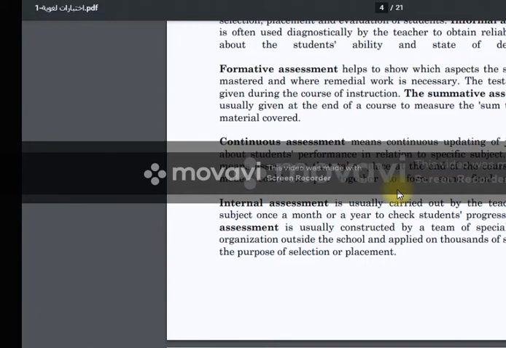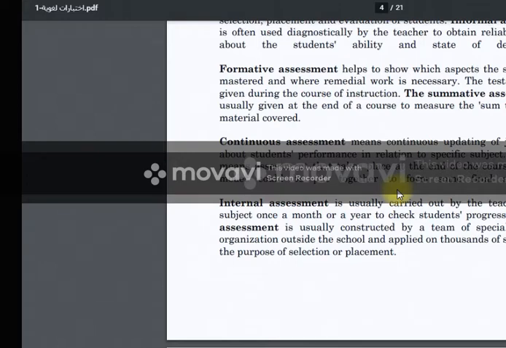But when the test of a grammar is designed by a team of teachers outside the English department, even if it is conducted by a team of experts in another department, in another university, in this case, we call it external examination.